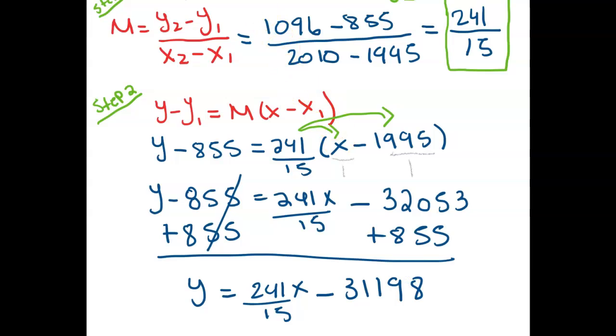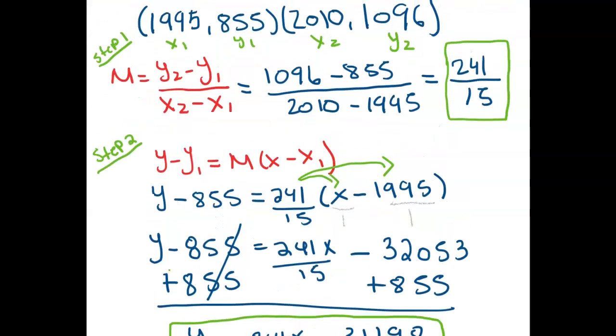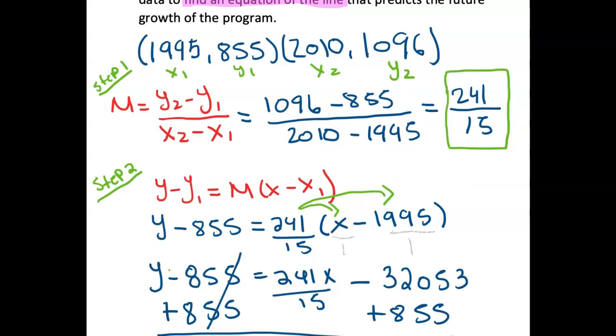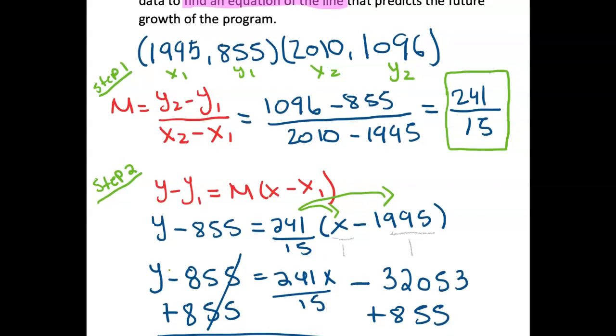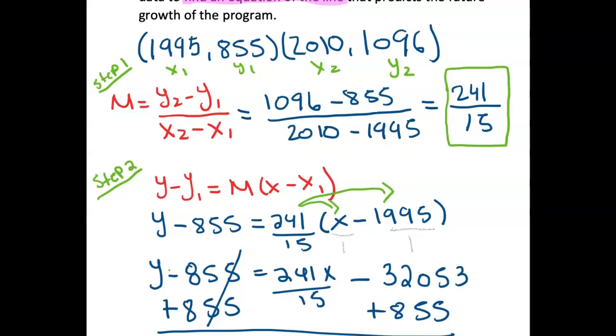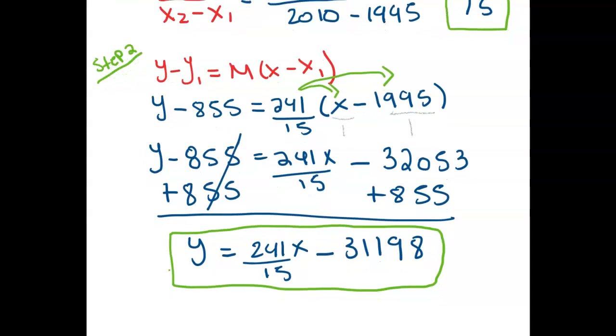And I have successfully constructed my linear equation passing through the two given points. So again, you're given 2 points. In order to find the equation of the line, given 2 points, you need to first find the slope, and then use the slope in one of the points and write the equation of the line using the point slope formula.